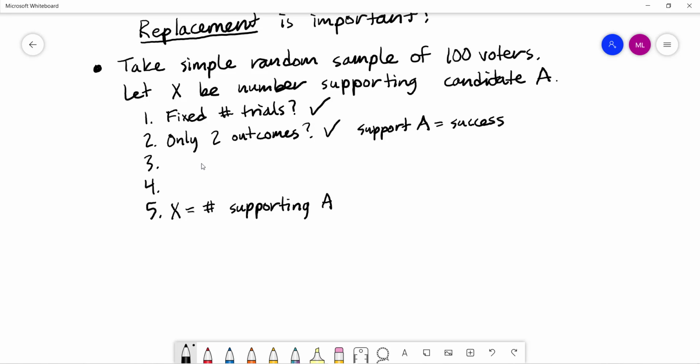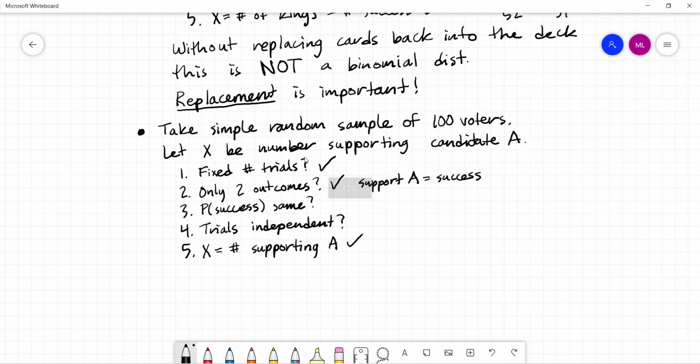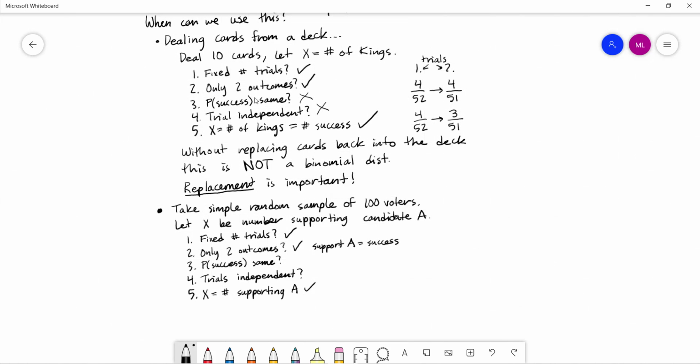And here come the 2 tricky ones. So we've got all of these set. Is the probability of success always the same? And are the trials independent? And the answer to both of these is no. We are not going to have the exact same probability of success because it's the exact same issue we ran into right here.